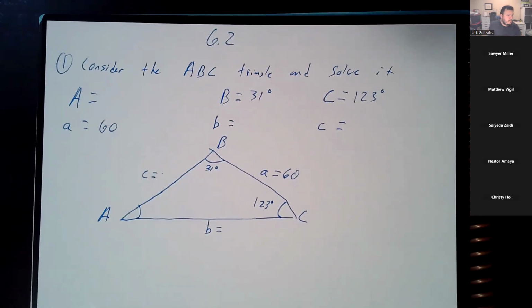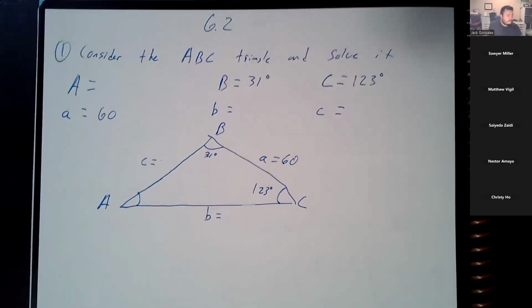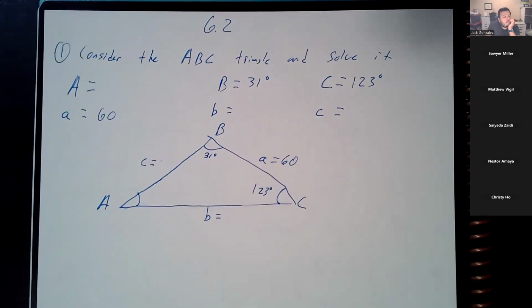Okay. Sorry for my ugly drawing, but they didn't give you the picture in the question, but it helps to kind of draw it out. Okay, so what's capital A? That's an easy one to find. We don't even need the law of sines, right?